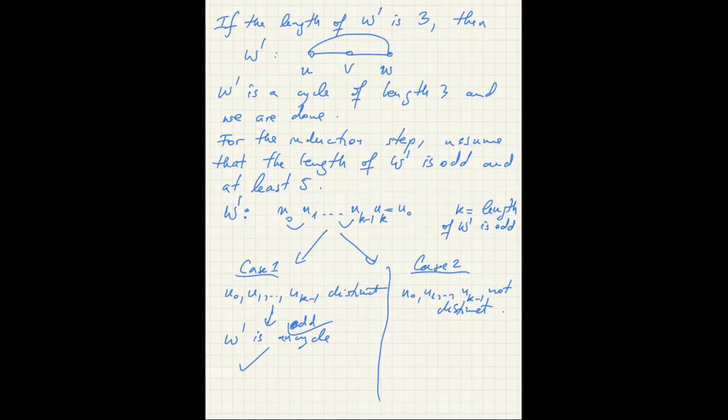Now, if U0, U1, up to UK minus 1 are not distinct, we can rearrange the walk so that U0 is the first vertex that repeats. Without loss of generality, we can think of our walk as starting at U0, going on a walk W1 and coming back to U0, and then starting again at U0 and doing another walk W2 and ending up at U0.